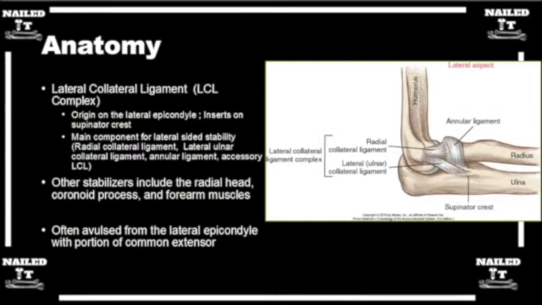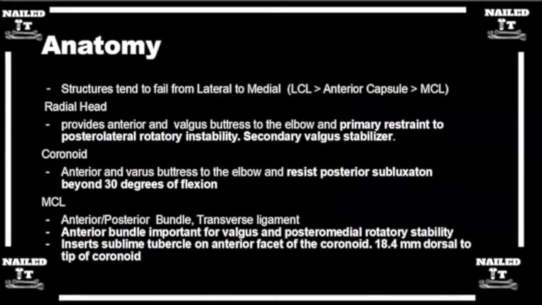Going to the medial side, the medial collateral ligament has three parts: the anterior band, the posterior band, and the transverse one. The anterior band is important in extension. The posterior part is tense in flexion.